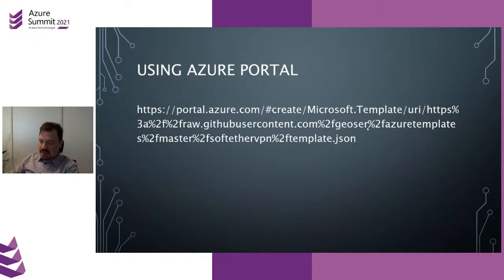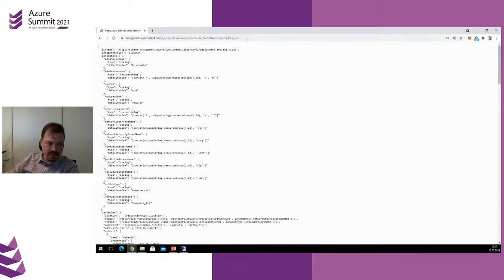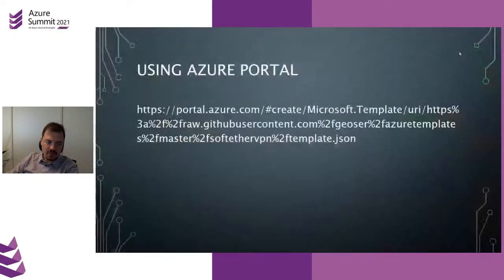Okay, so let's get to actually creating the service. As I showed you, this is the raw content of my template. What I should do is escape this, so URL encode this, and it will look like that.